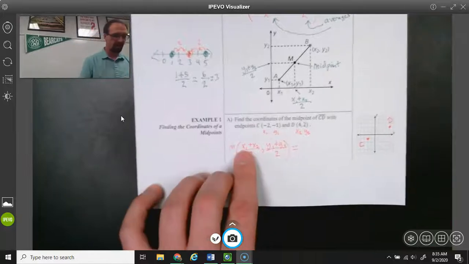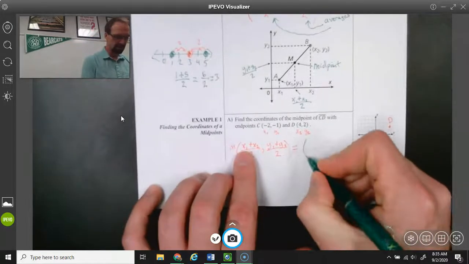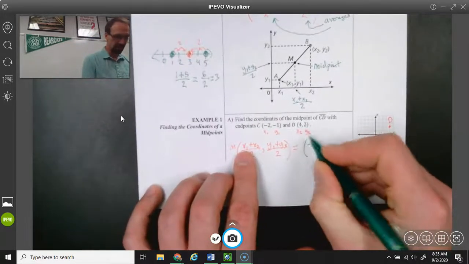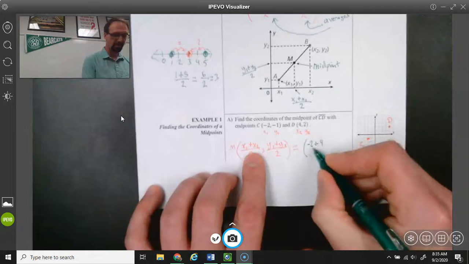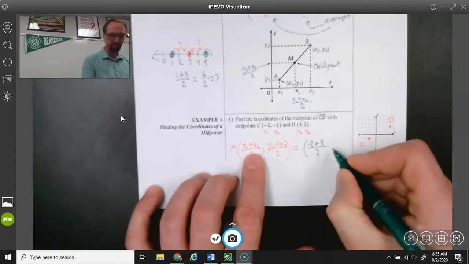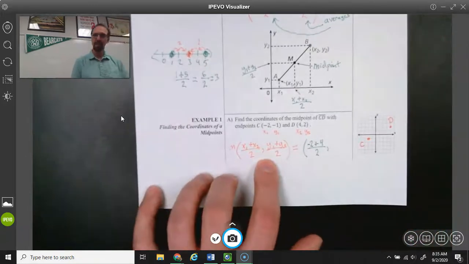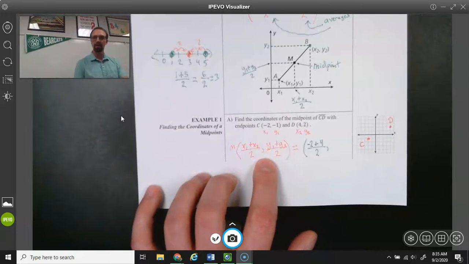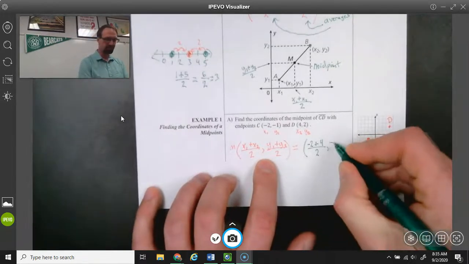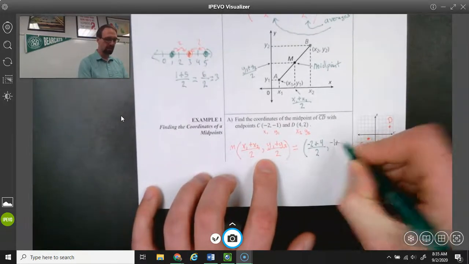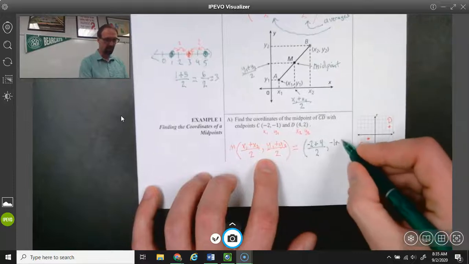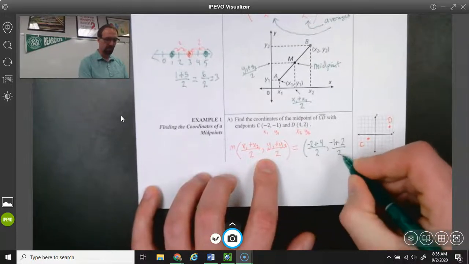X sub 1 is -2, so this is -2 plus x sub 2, which is 4, all divided by 2, comma. And then y sub 1 is -1, so -1 plus y sub 2, which is 2, divided by 2.